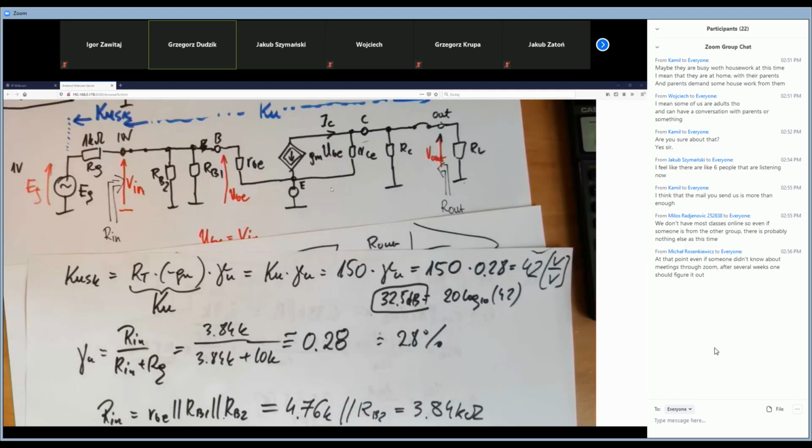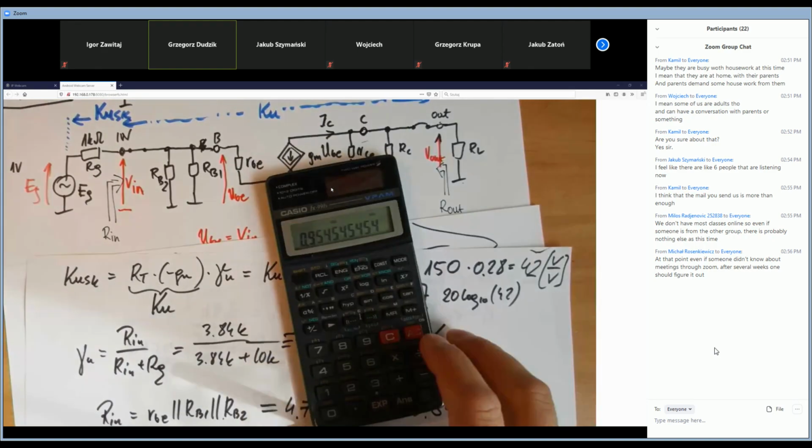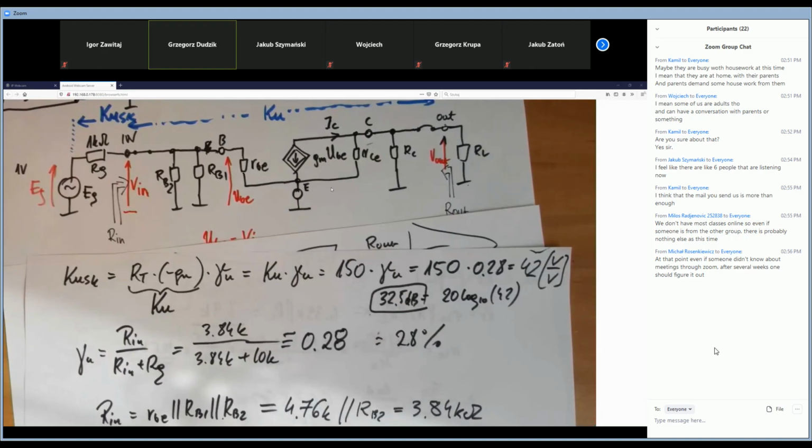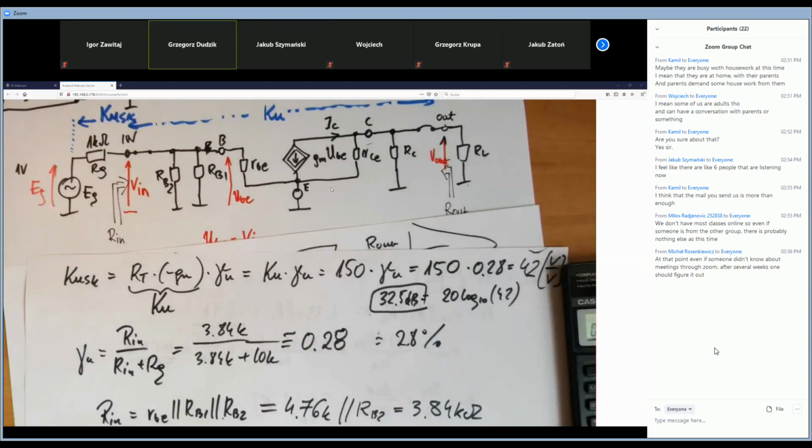GM will be 10 times higher if you change the ICQ current from 1 to 10 milliamps. Yes, that's right.